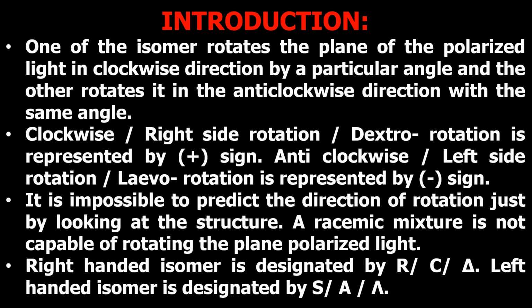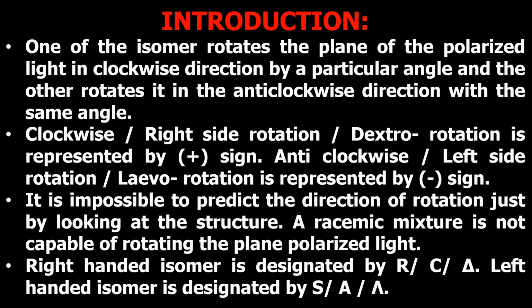Now, we come back to the original problem, that only practically you can make out that a particular isomer is dextro-rotatory or levo-rotatory. So for distinguishing the two optical isomers, we have to use some different notation. The method that we use is right-handed isomer or left-handed isomer.